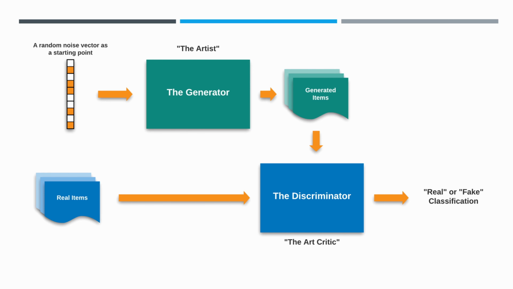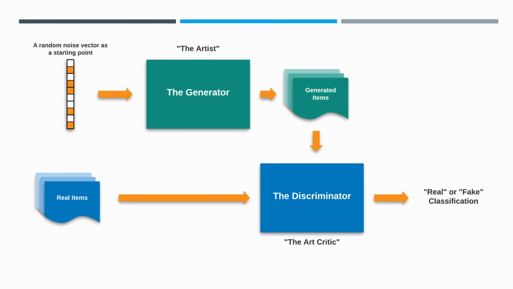The generator generates a set of items and the discriminator, who has access to a training set with real world items, takes in the generated items as input and tries to determine whether they are real or fake. And after each classification, both the generator and the discriminator get retrained.